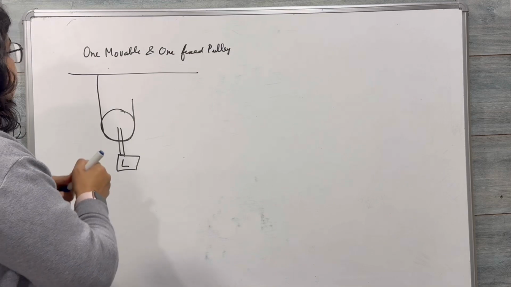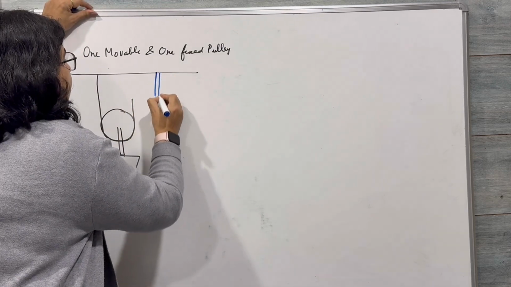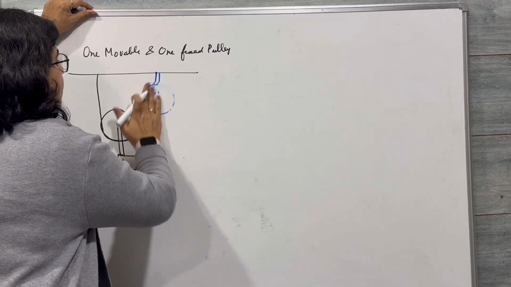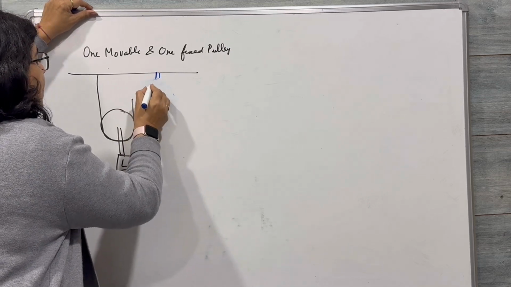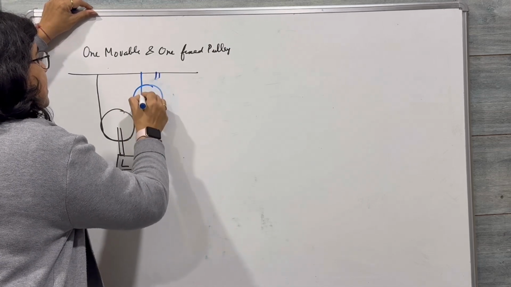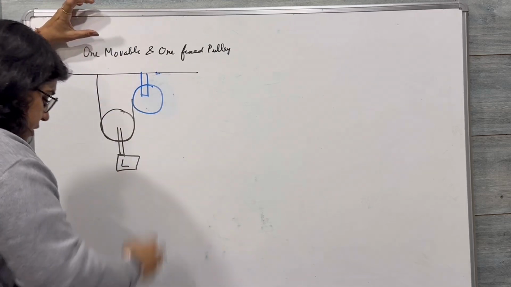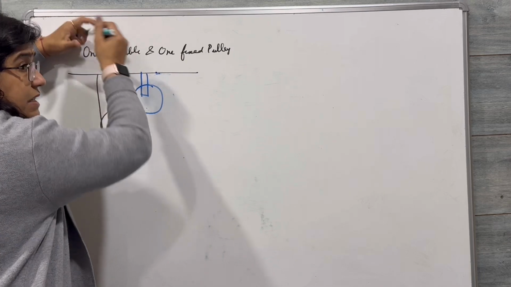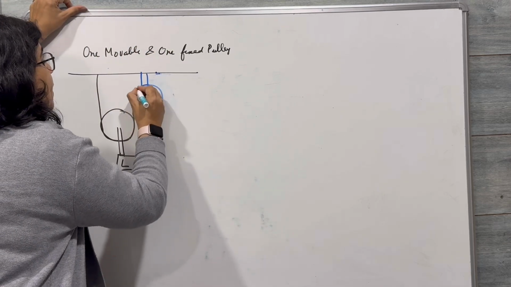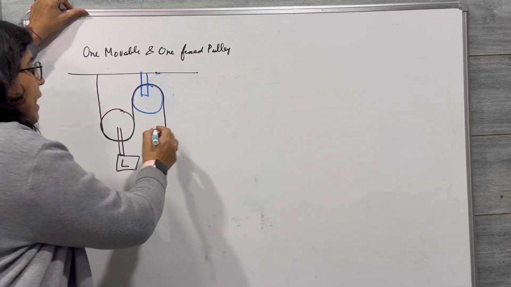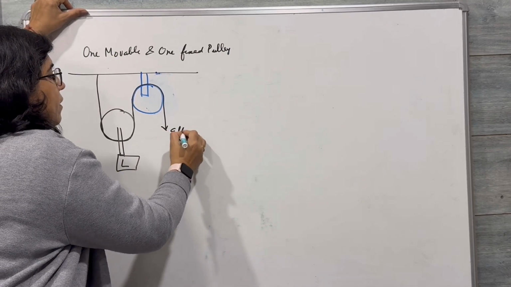So just to be convenient, we have another pulley, which is fixed, and the same massless, inextensible rope or string, you pass it over like this, and you apply the effort here.